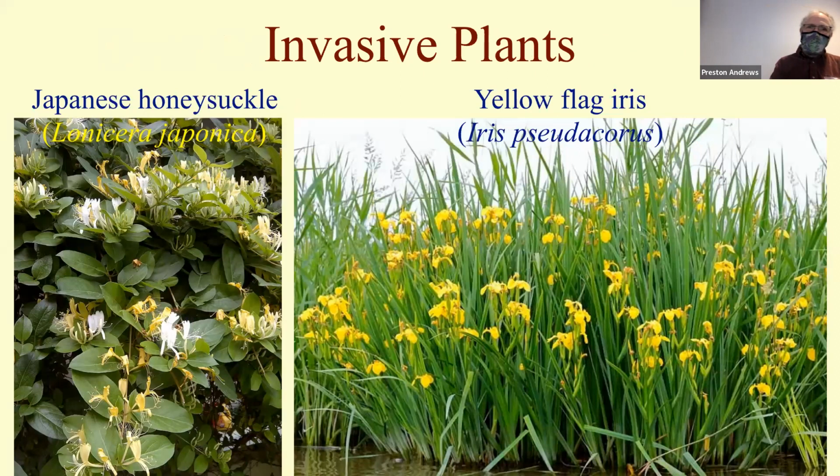Wardian cases brought Japanese honeysuckle to the United States, and that is a noxious invasive weed in parts of the country. And here, Lake Pend Oreille has yellow flag iris growing, also transported in Wardian cases and now released into the wild. And an invasive species in our own neighborhood.